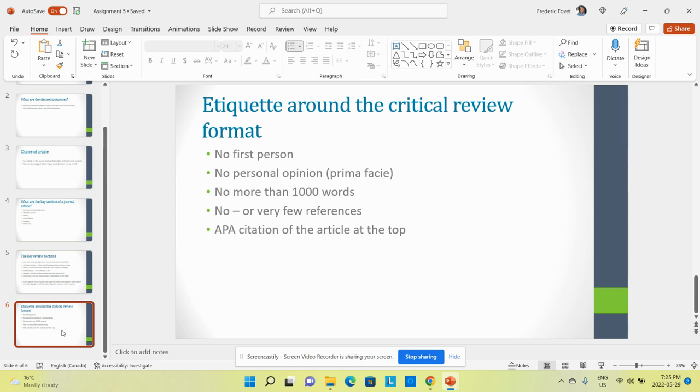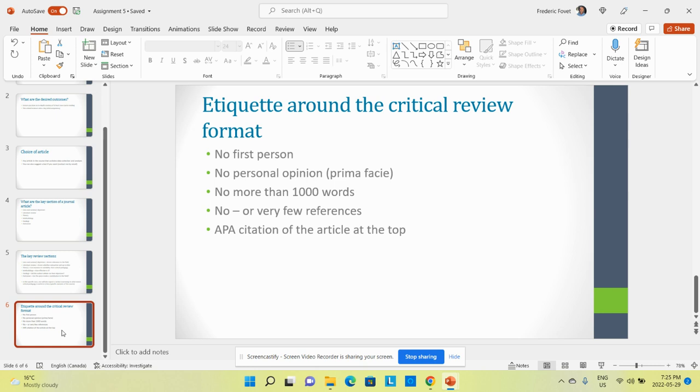If the reader has to go and read the piece to understand what you're talking about, then it's pointless. So it's got to be in layperson language with no acronyms, no technical words. Or if it's essential that you use a technical word, you're going to have to explain it quickly, because it's a window into the article. You can't assume that the reader already has the terminology, concepts and acronyms used in the piece.